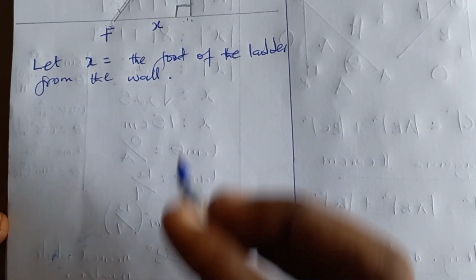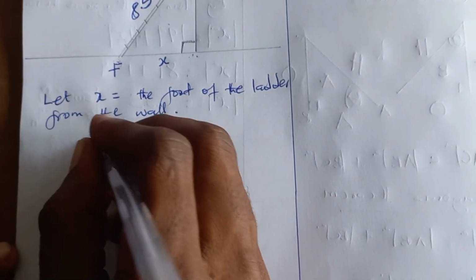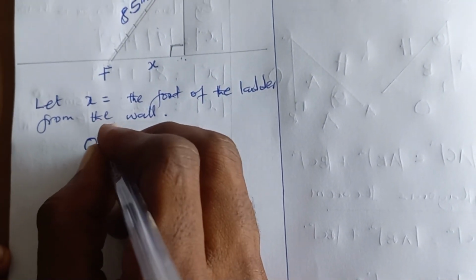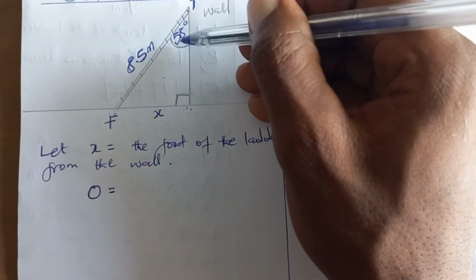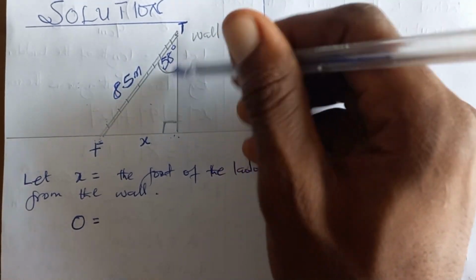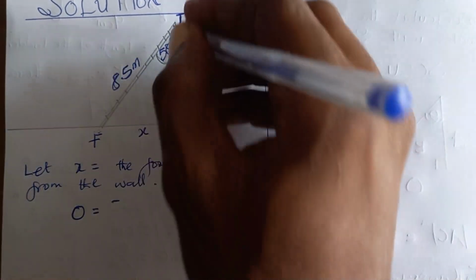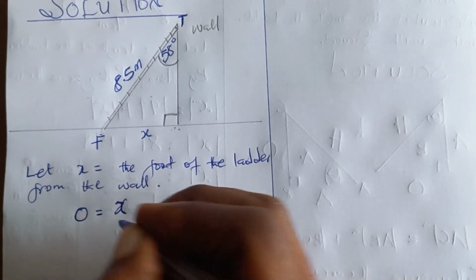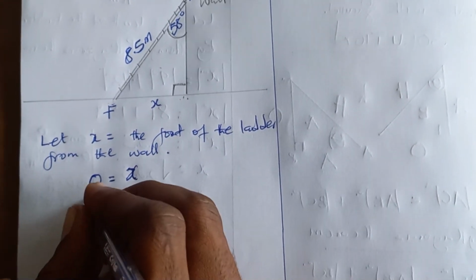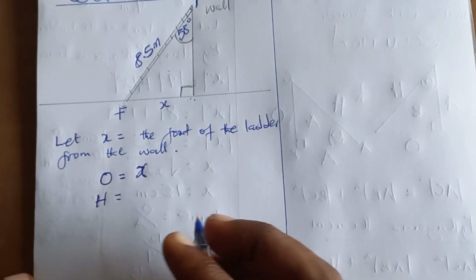So from the diagram, we have been given our O, right? Which is the opposite. So from this diagram, the side facing the angle given is x. So we say that it's our opposite. So the opposite is x. Let's see our hypotenuse, the longest side which is facing the right angle.